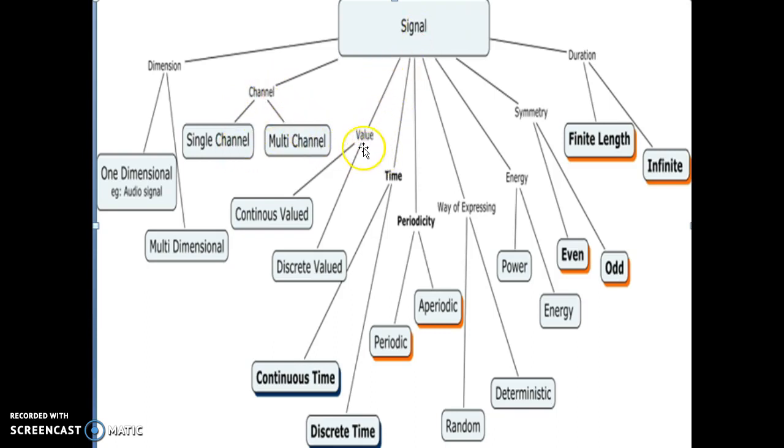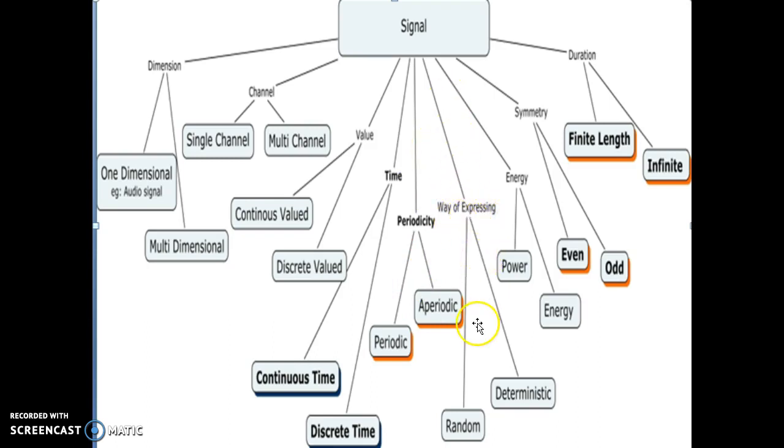Depending on the amplitude value, it is a continuous valued signal or a discrete valued signal. With respect to time, a continuous time signal or a discrete time signal. Depending on periodicity, some signals are periodic and some are aperiodic if they do not satisfy periodicity.